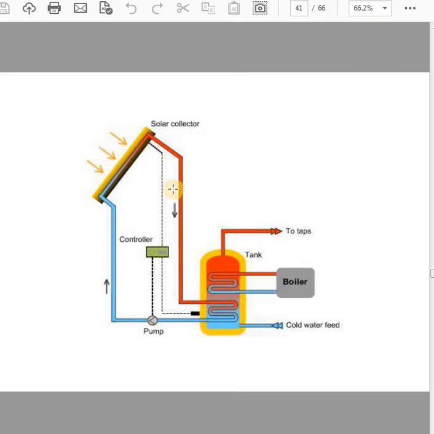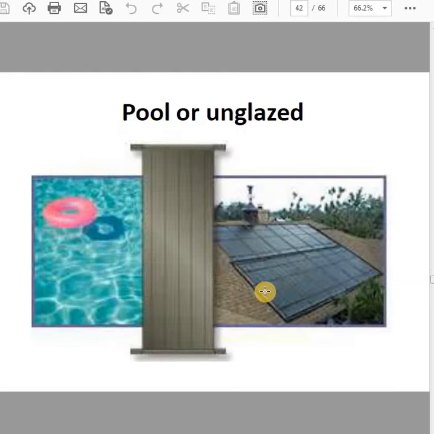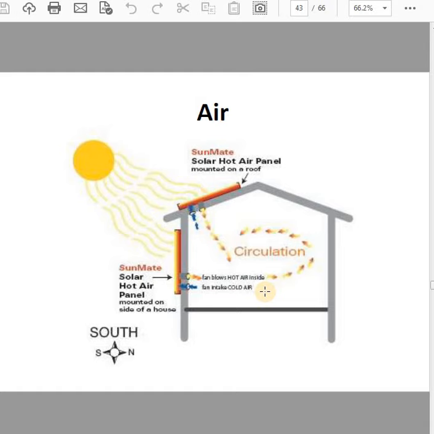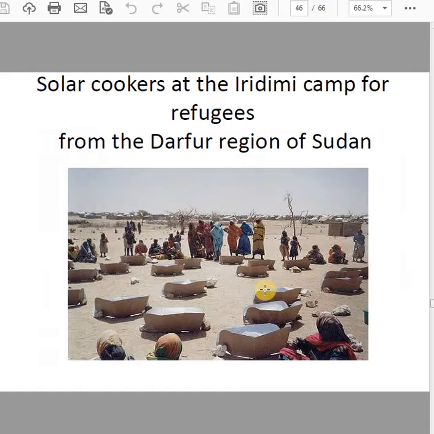The heat energy is being trapped in this tank, and if solar energy is not available, the boiler may be used to heat up the water or the fluid which is being used. So this is for now.